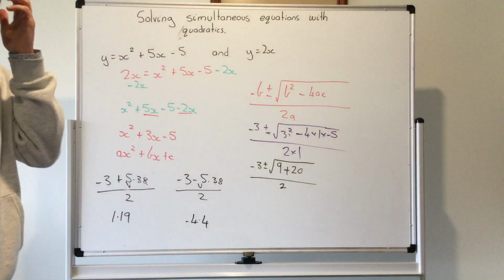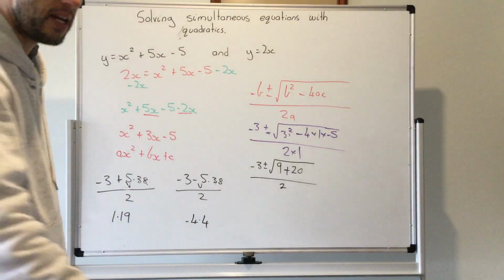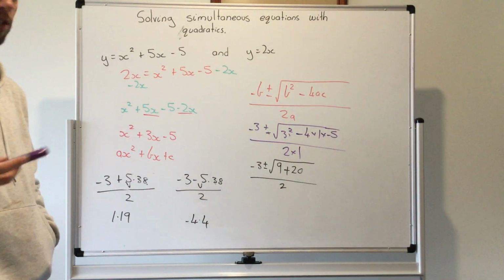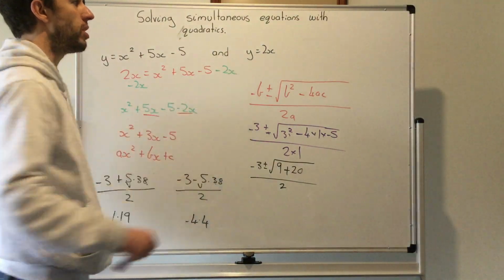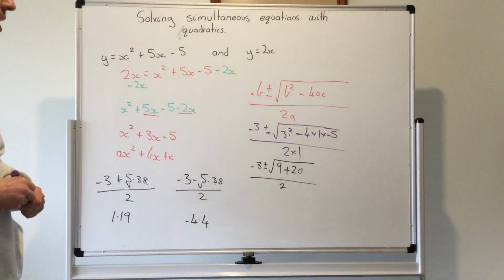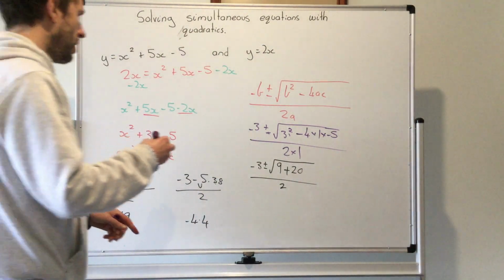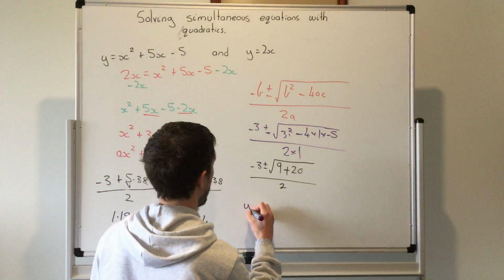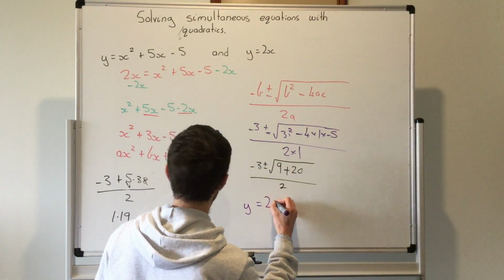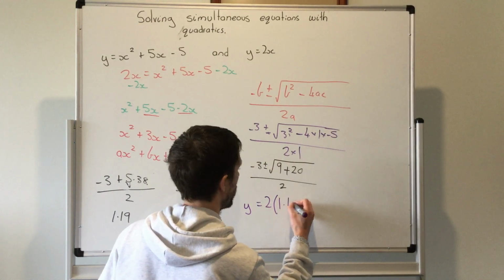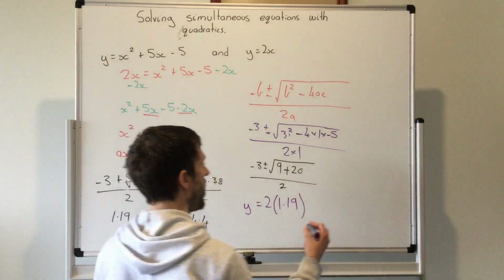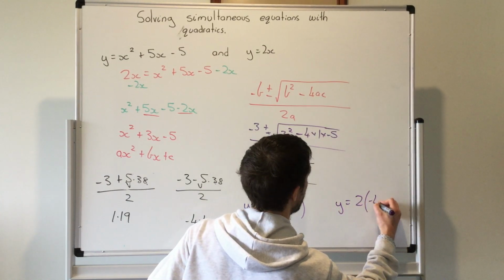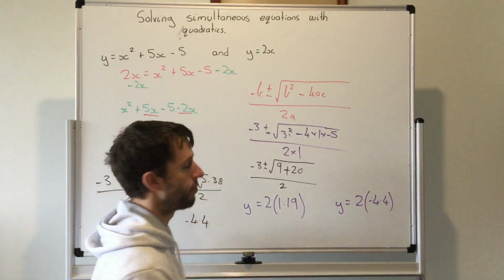So now I've got my x values. The next thing that I need to do is substitute them into one of these equations. Now I'm going to substitute them into this equation here. So if x is 1.19, I'm just going to go y equals 2 brackets 1.19, and if my x is the other value, 2 times -4.4.